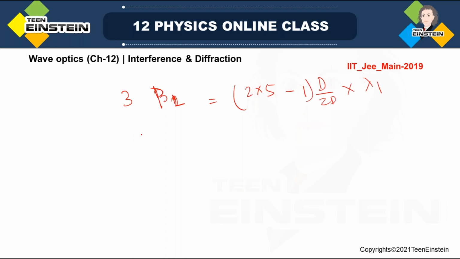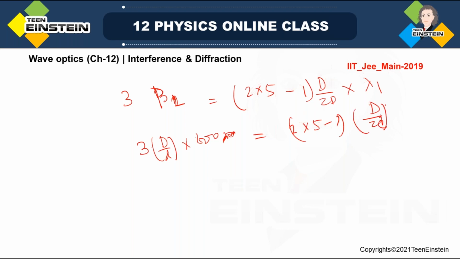What you are getting is 3 capital D by small d into 600 nanometer, which should be exactly equal to the other side.